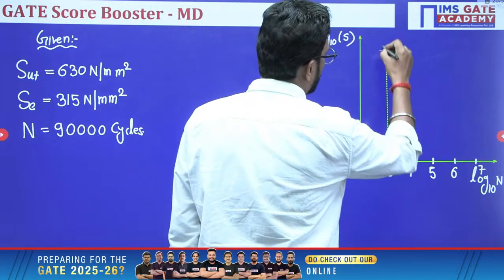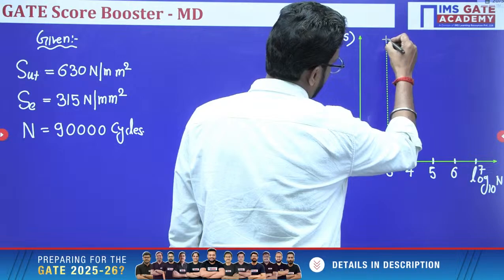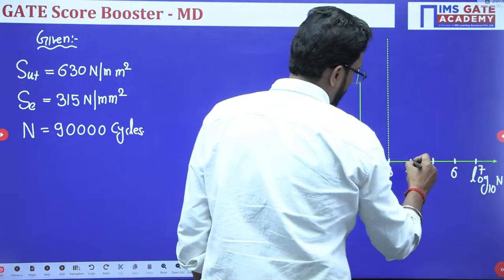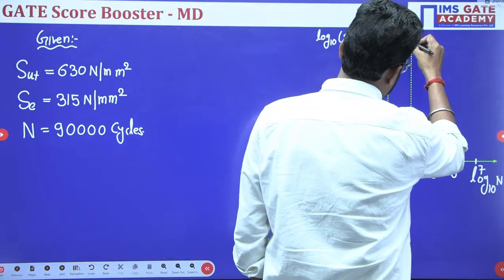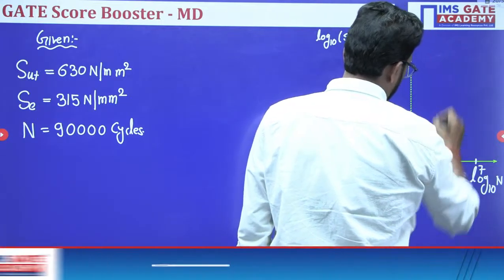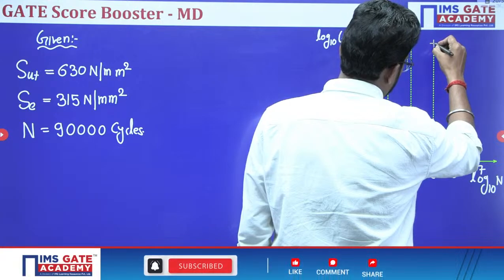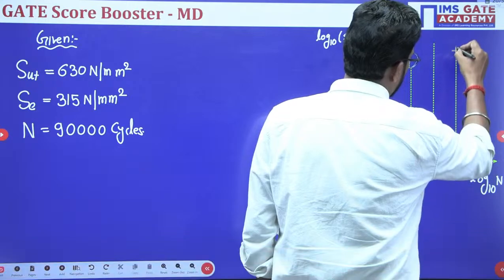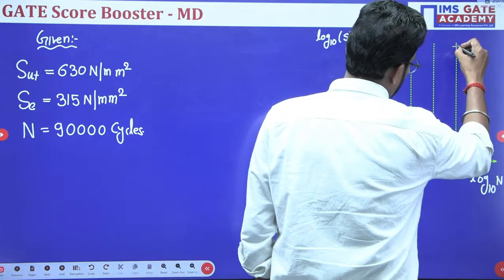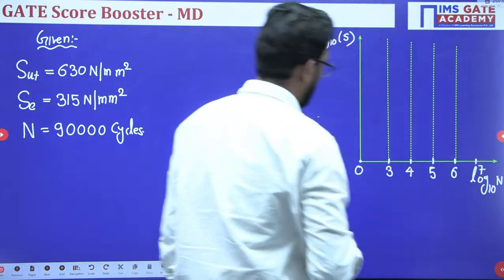This is 10 to the power 3, 10 to the power 4, 10 to the power 5, 10 to the power 6, like that. After that, it is flat.